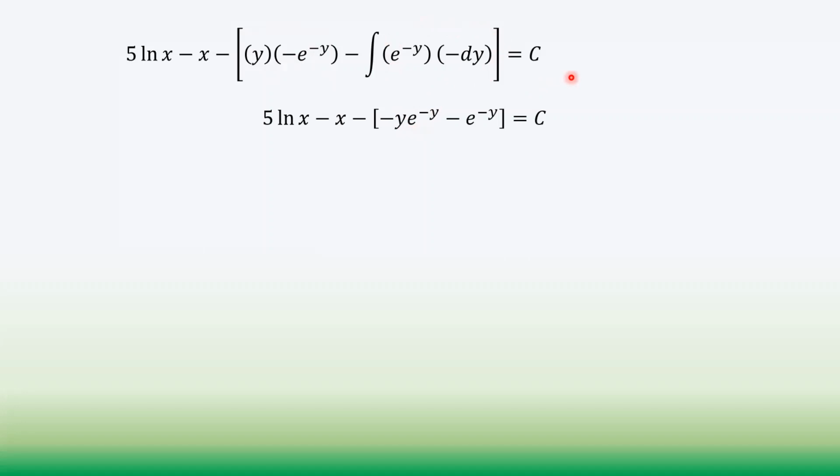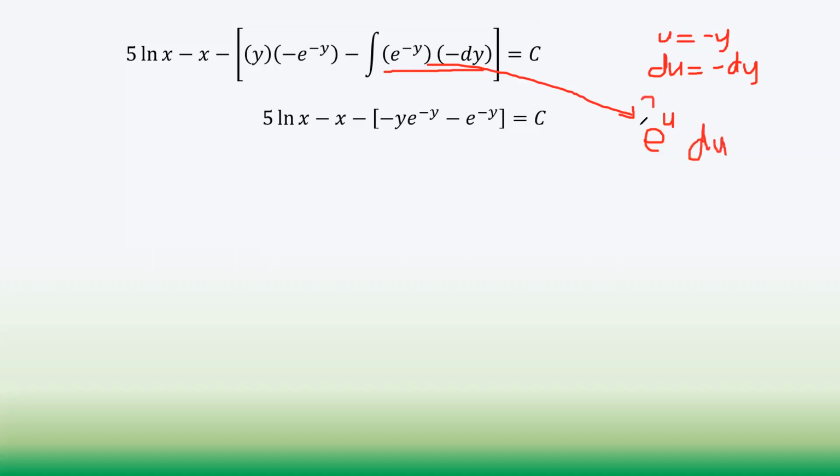Ngayon ito, yung part na yan, kagaya kanina, para dito, so meron kang dyang e raised to u. Ang u pa rin dyan ay negative y. Differentiate natin. du equals negative 1 saka dy. Kaya negative dy tayo. So meron kang e raised to u, ang u ay negative y, ang negative dy ay du.